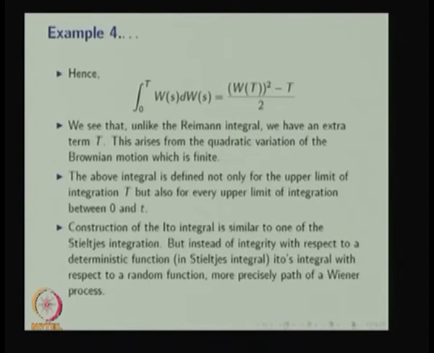The usual integral is with respect to a deterministic function, whereas in the Ito integral, the integration is with respect to the path of Brownian motion or Wiener process, which is of unbounded variation and nowhere differentiable. Therefore, the whole integration is different.